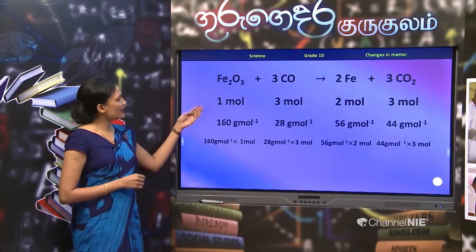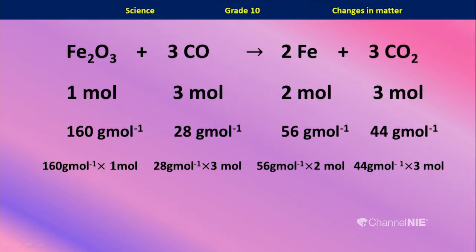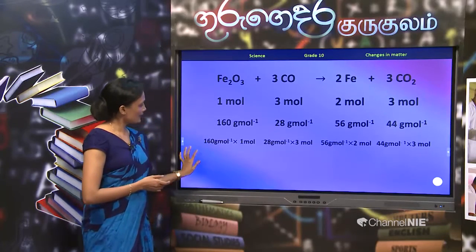To find the mass of carbon monoxide, we multiply the relative molecular mass of carbon monoxide by the number of moles: 28 grams per mole multiplied by 3 moles. Then, to find the mass of iron, we multiply 56 grams per mole by 2 moles. In the same way, we can get the mass of carbon dioxide by multiplying 44 grams per mole by 3 moles. Look at these answers.